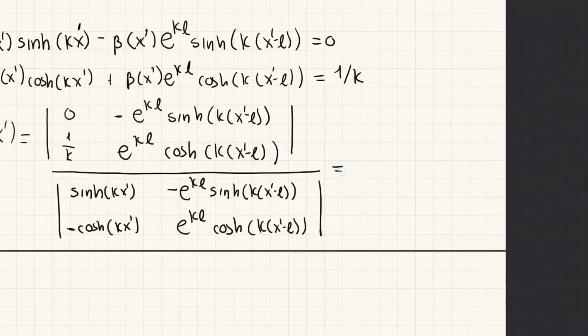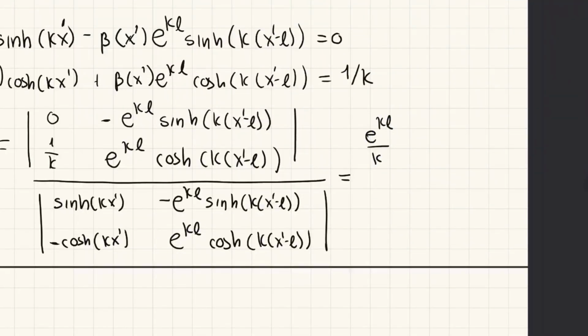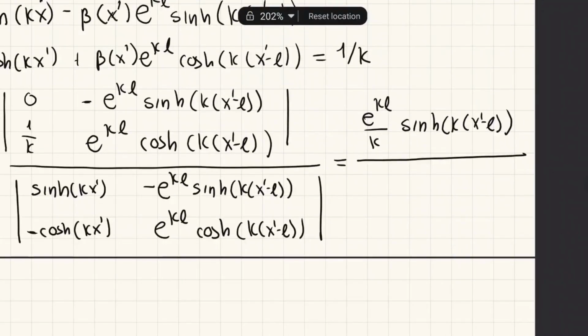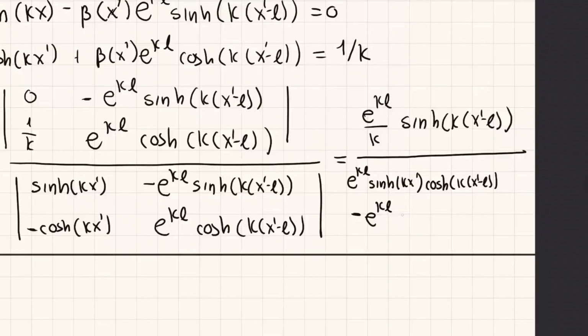Okay, so from here we are going to get that this is e to the kl divided by k, the hyperbolic sine of k times x prime minus l, divided by, it will be e to the kl, the hyperbolic sine of kx prime, the hyperbolic cosine of k times x prime minus l, and then minus e to the kl, the hyperbolic cosine of kx prime, and then the hyperbolic sine of k times x prime minus l.